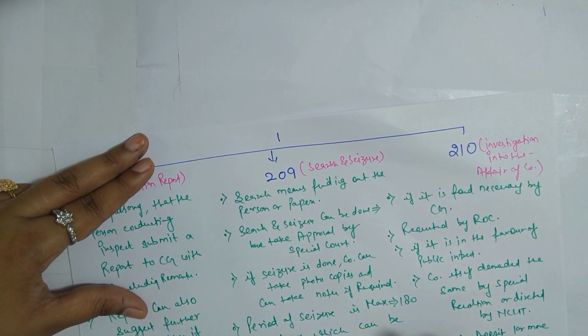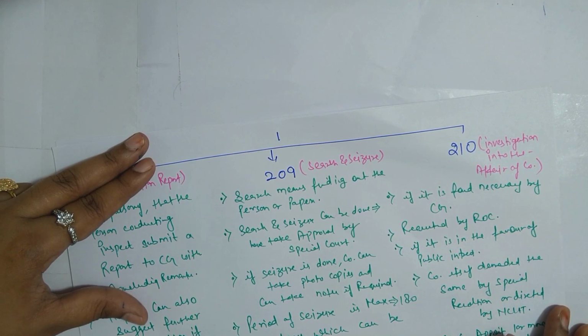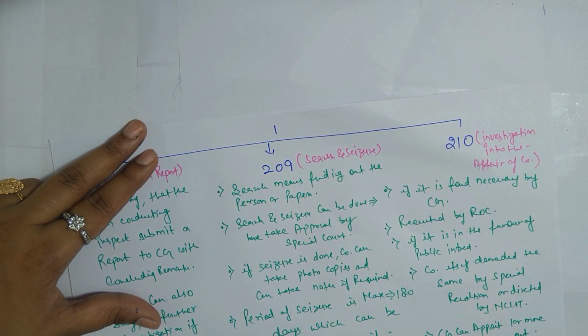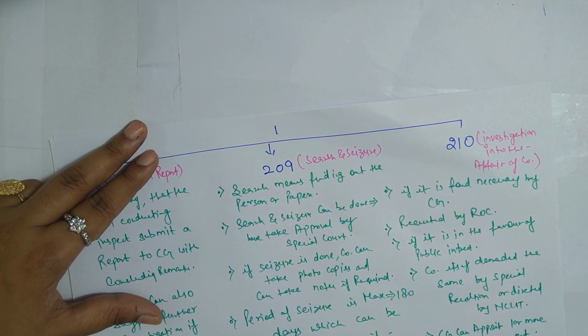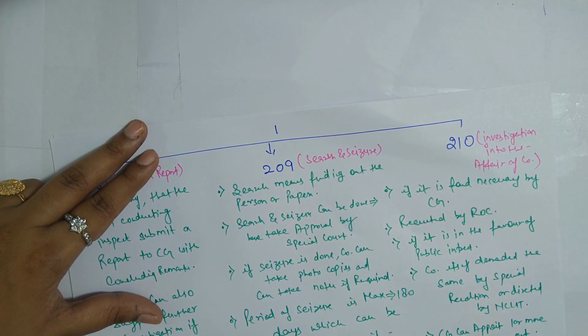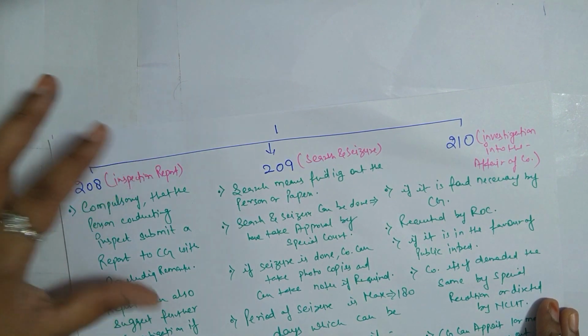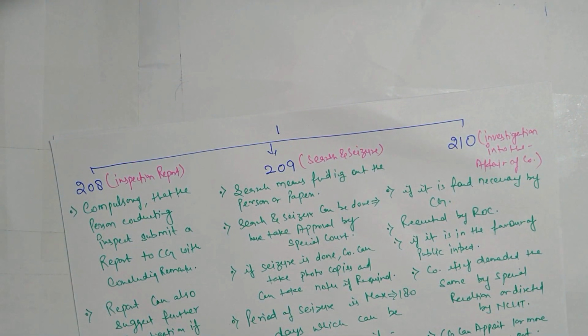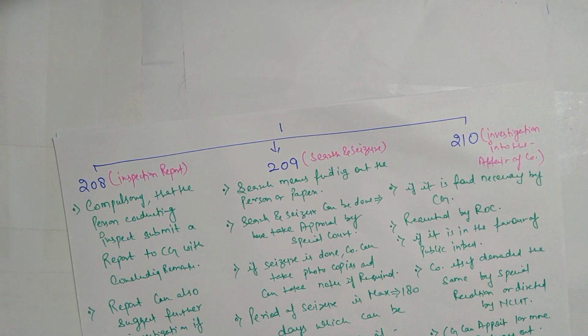Fine. And if investigation is done upon the application of someone, means someone is giving application that I want to check the affairs of this respective company, that person has to pay a security deposit of rupees 25,000, which is maximum, and if the allegation is correct, the amount is refunded. But if it is not, it is forfeited by the central government. Fine.